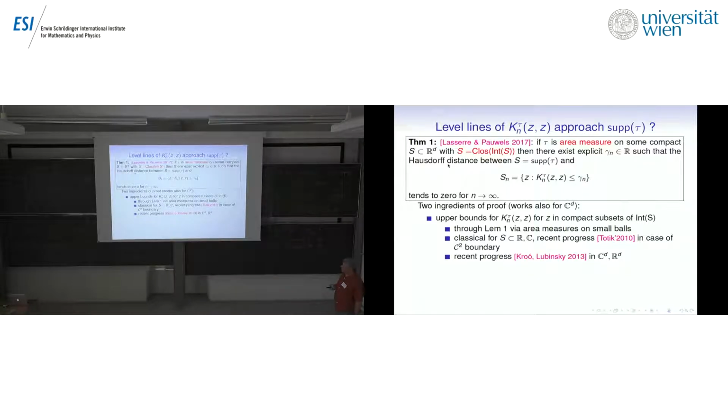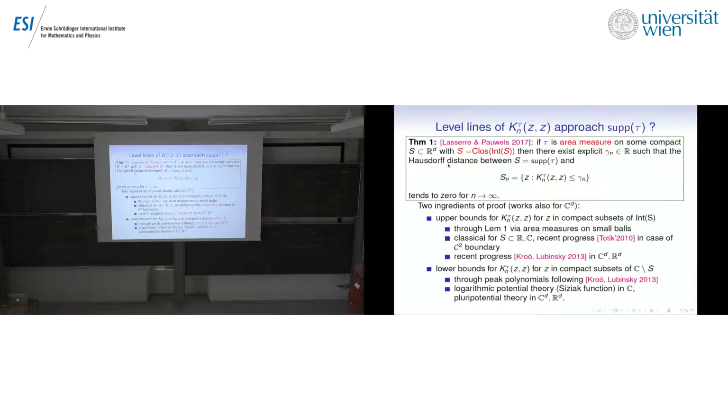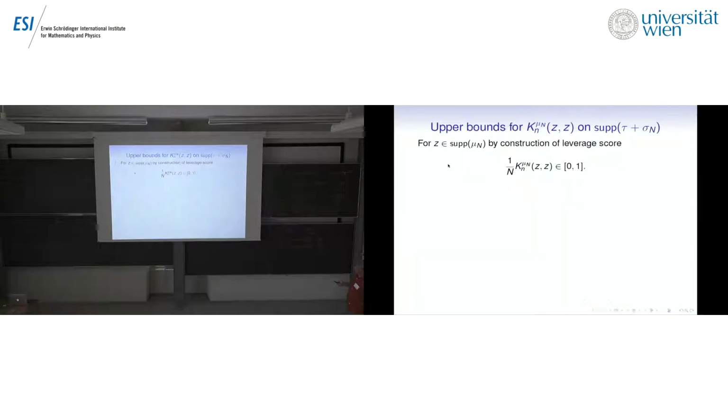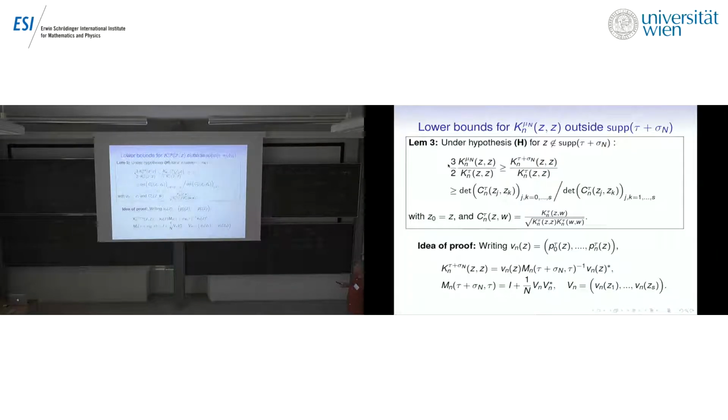results in several variables. Some of them are due to Crow and Lubinsky, analogs of what I mentioned here in 1D. And let me just jump to the main results, upper and lower bounds. What is interesting here, a new function which was not studied in the orthogonal polynomial community is this cosine function.